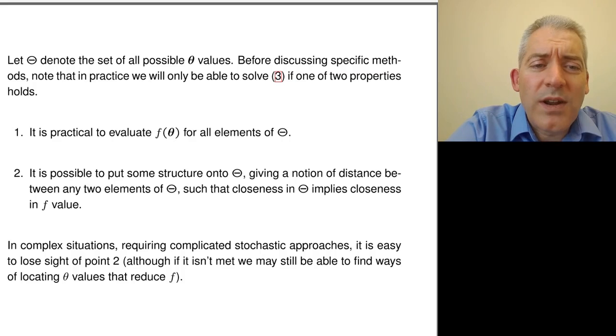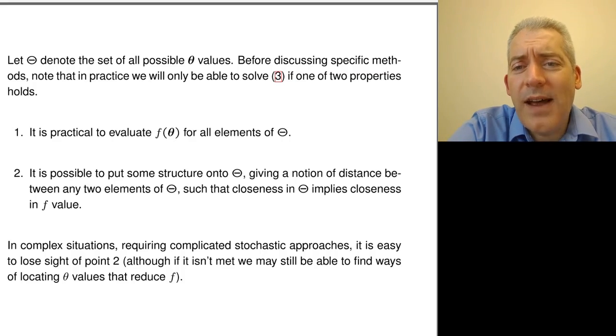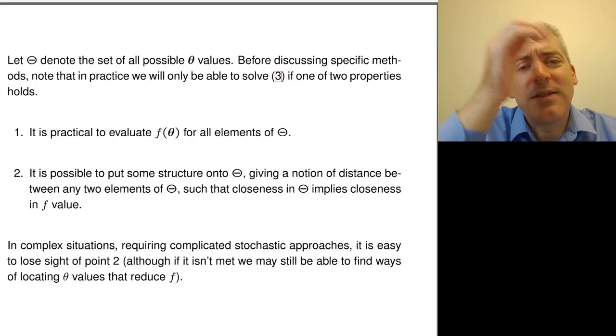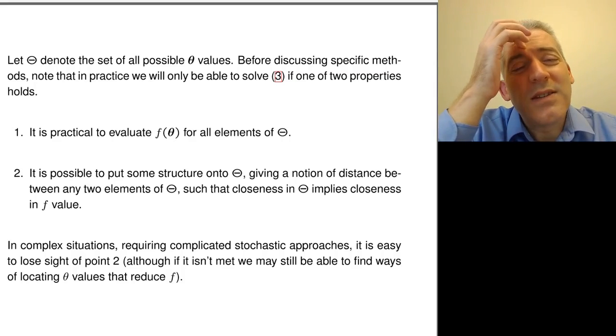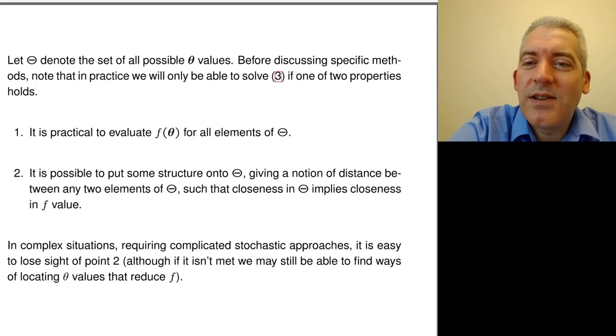But the more subtle one is that in order to have any hope of finding a theta that minimizes the function, we need to be able to vary theta and see what's happening and see, are we going uphill or downhill? Are we getting closer to a minimum or further away from a minimum?